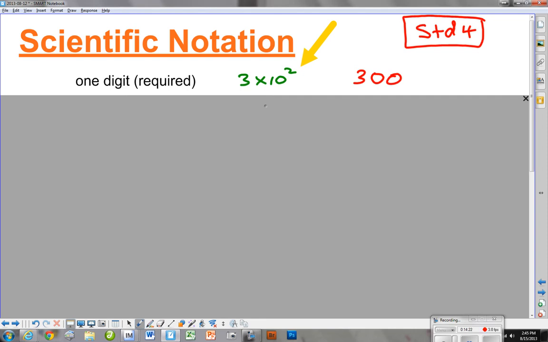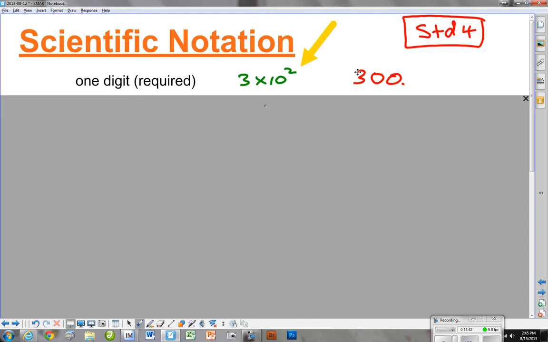Now, would we put a decimal after that? No. If we did put a decimal after that, that could only be put there if we did this as the original number. I'm sorry, I confused myself here.